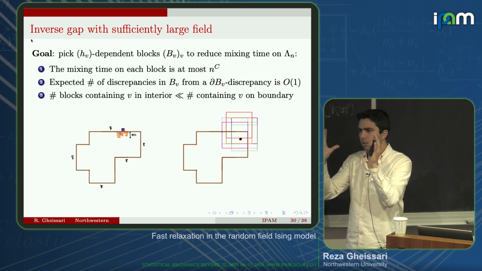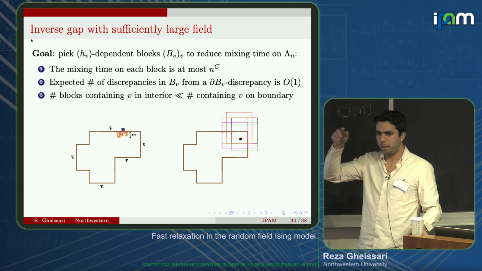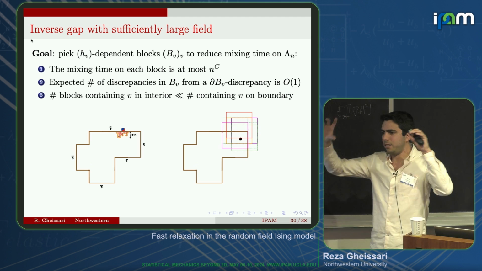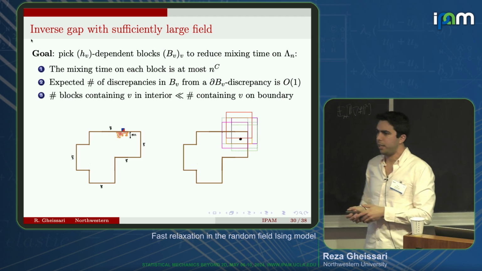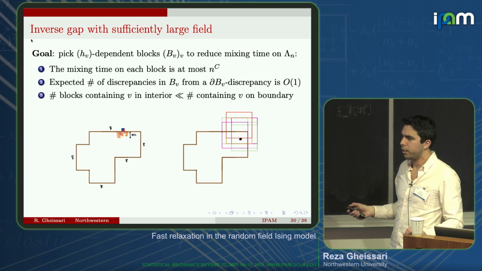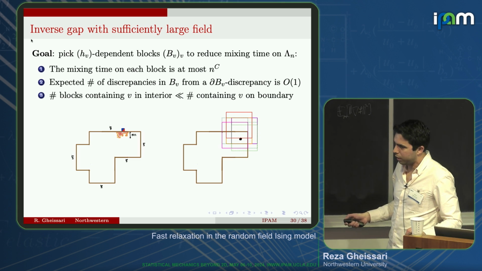If these are just boxes, there are r^(d-1) many vertices on the boundary versus r^d in the interior. But once I start making these weirder objects, I need to preserve the fact that their volume is bigger than their boundary. So this picture is that if I have a discrepancy here, it doesn't really percolate down into the middle with high probability. Its influence stays localized.